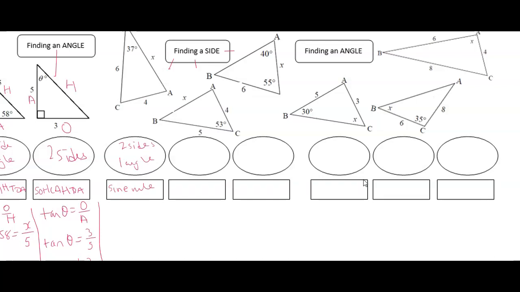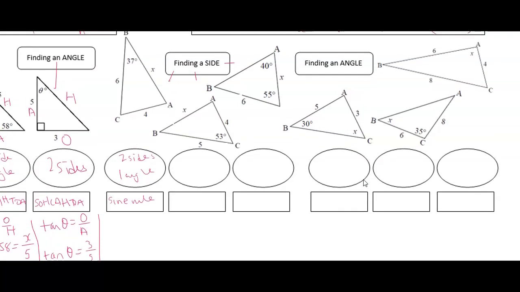All right, so let's label our triangle first. It's already been labeled A, B, and C. The side opposite A is little a, the side opposite B is little b, and the side opposite C is little c. We want to find this length here, c.